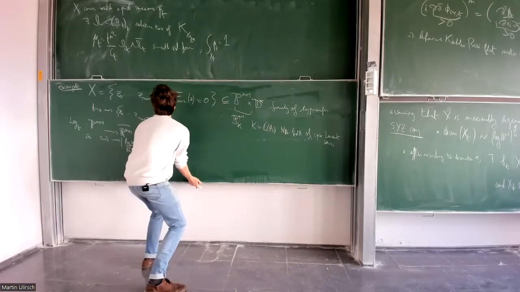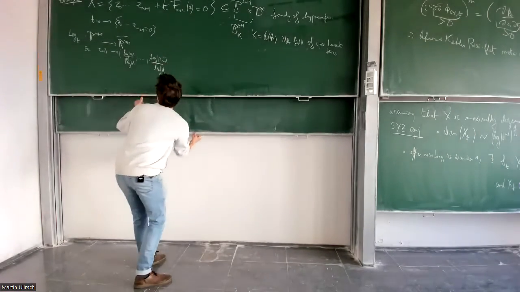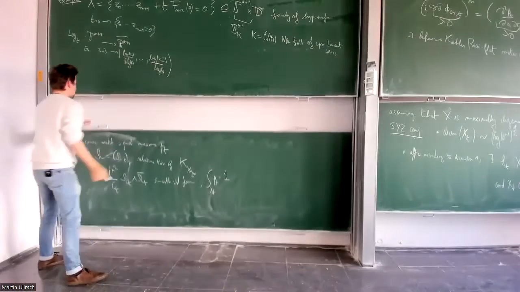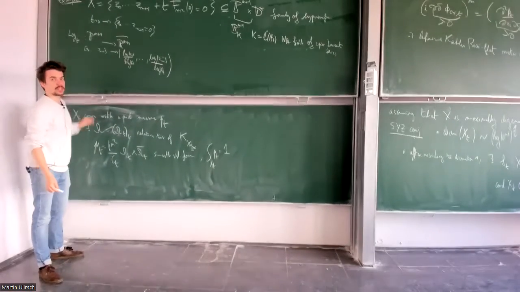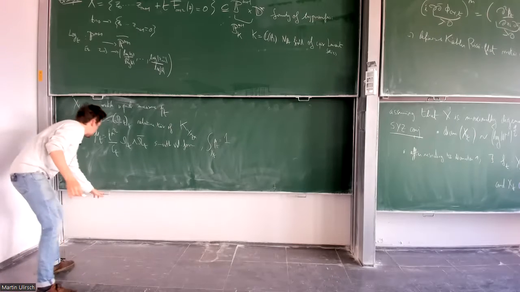And then what we have is the Kapranov-Groves theorem, that the image of X under this map is going to converge to a tropical variety, which is the tropicalization of the hypersurface.